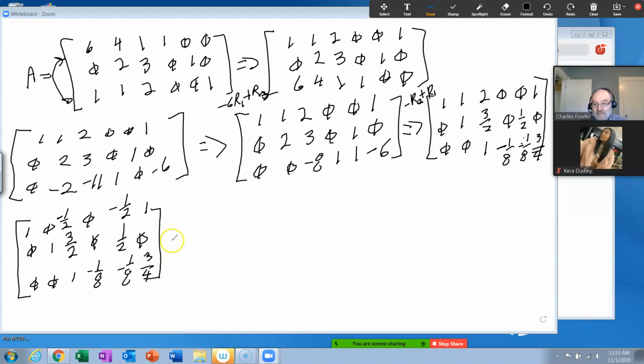Okay. Now we're almost there. Not pretty, but almost there. Okay. So what we're going to do next is 1 half times row 3 plus row 1.